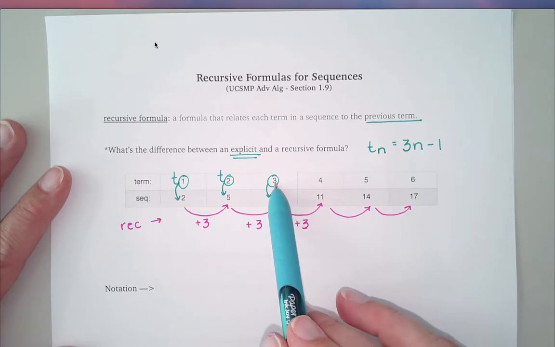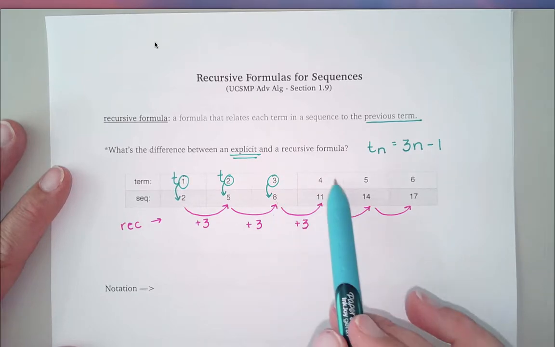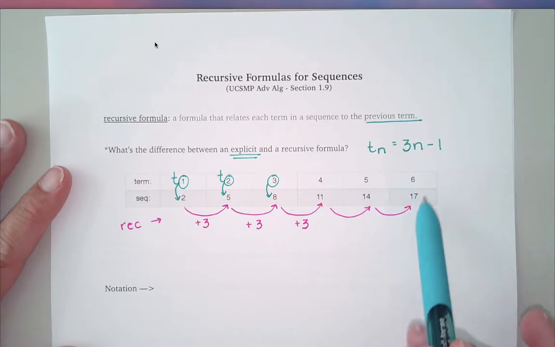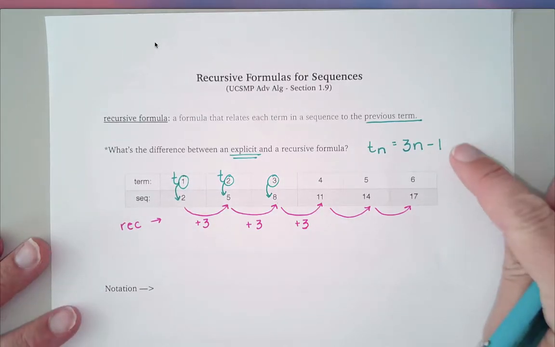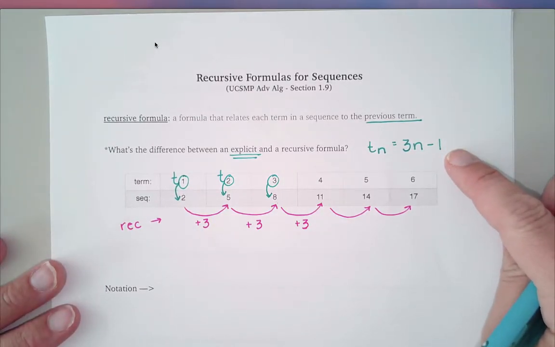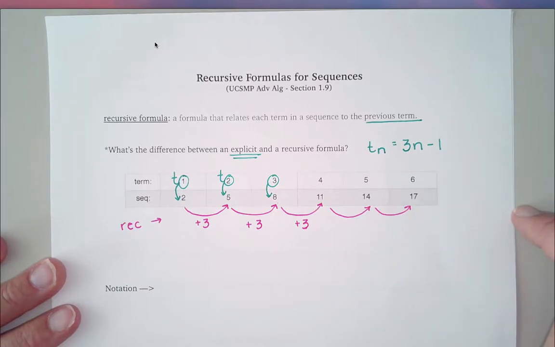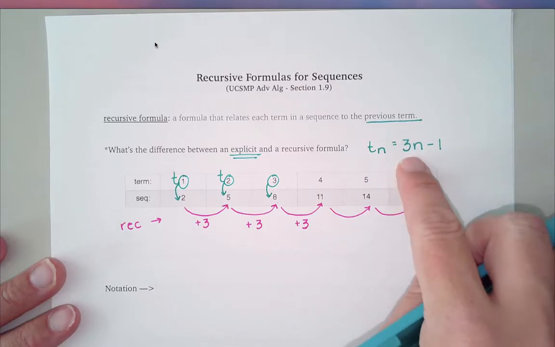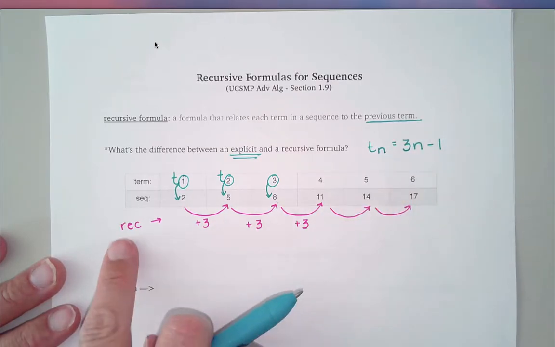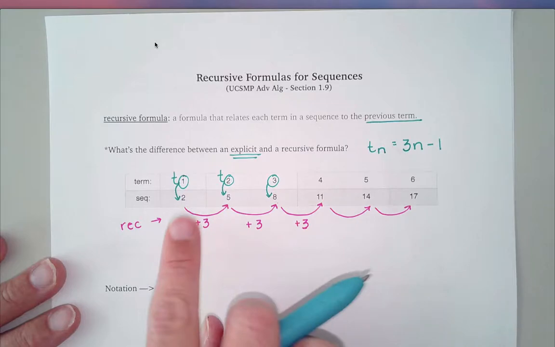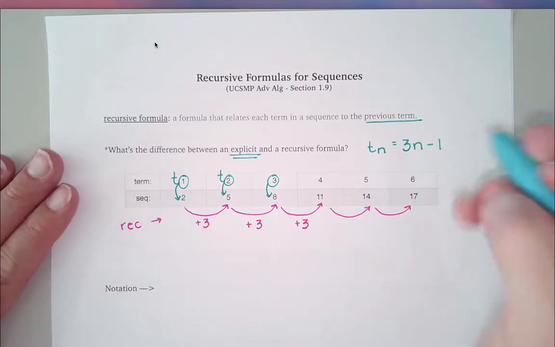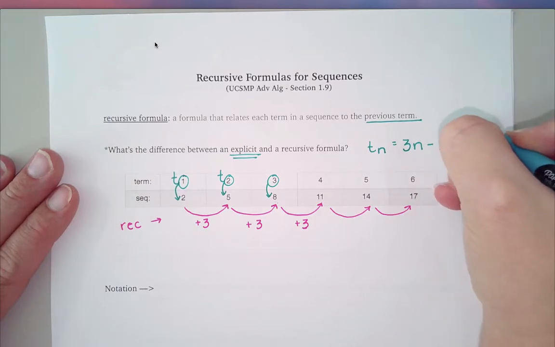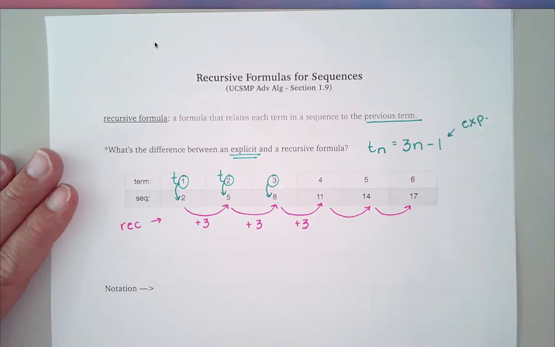If I do 3 times 3 and then subtract 1, 3 times 4, subtract 1, 3 times 6, subtract 1. So mathematically, this is more difficult to come up with, but it's better in the long run if I wanted to jump all the way down to term 25. We're not going to get into this so much today. In fact, today we're really focusing on this recursive idea because both of these are important, but I really want you to just be able to use both of these types of formulas, the explicit and the recursive.